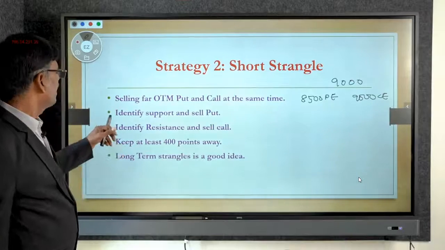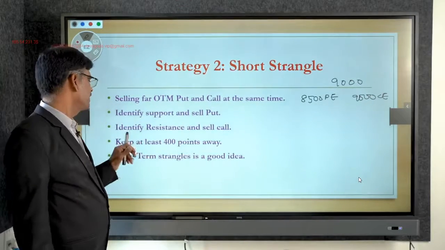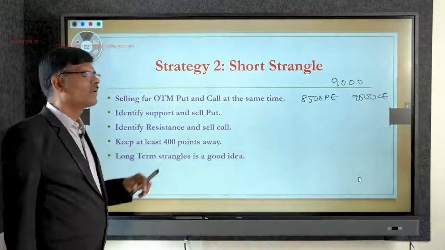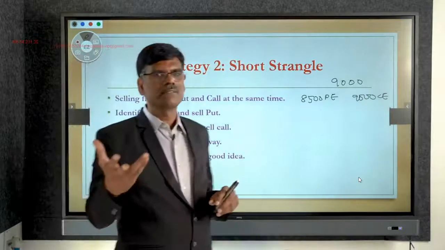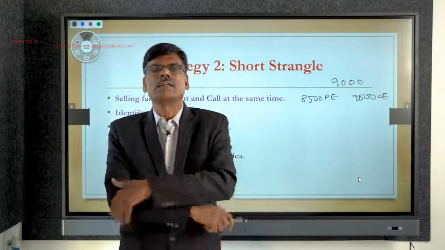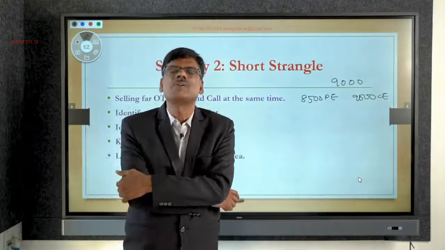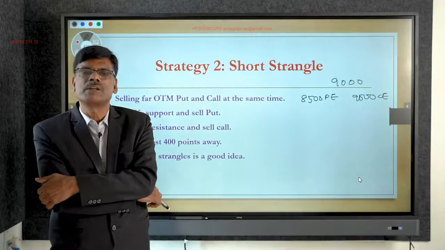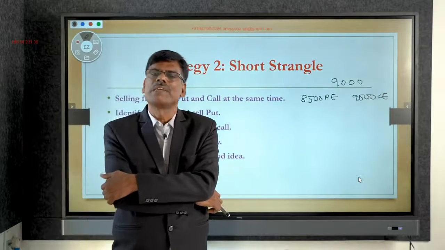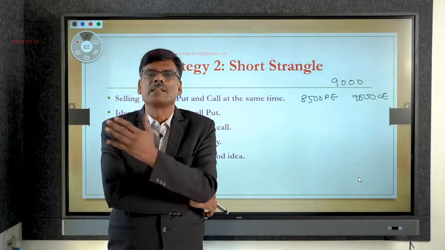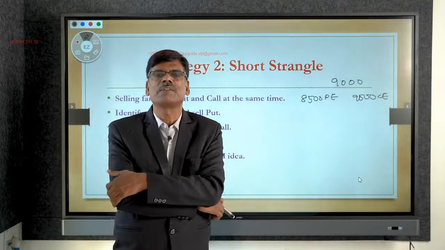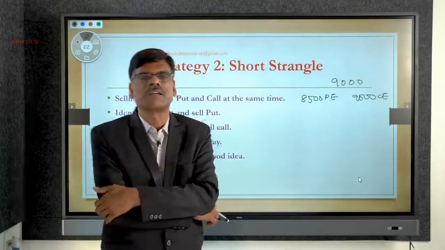So identify the support and sell put option, identify resistance and sell a call option, and keep at least 400 points away. And the reason, which I already discussed in the short straddle: from 2008 to 2020, leaving the 2 incidences of Lehman Brothers collapse and coronavirus, in all other cases, the Nifty gapped down a maximum of 400 points. So at least keep 400 points away.